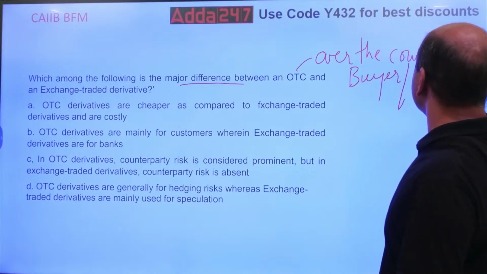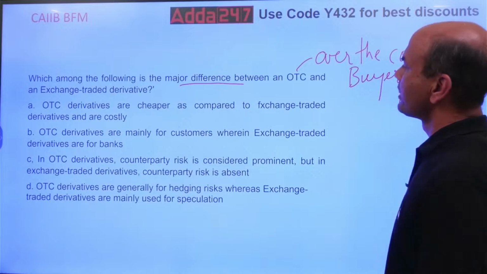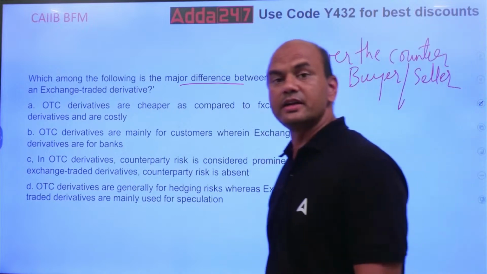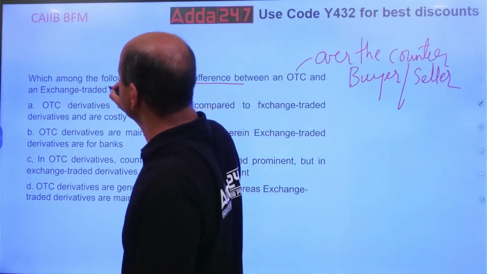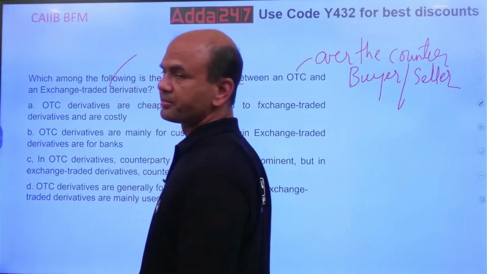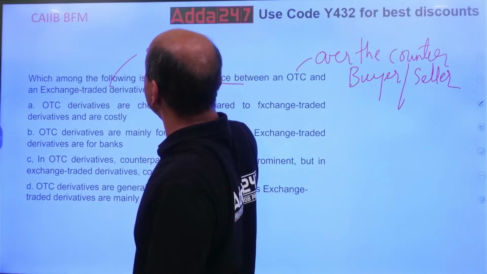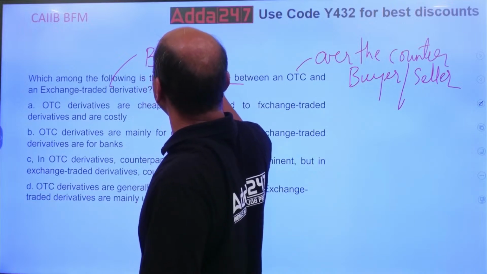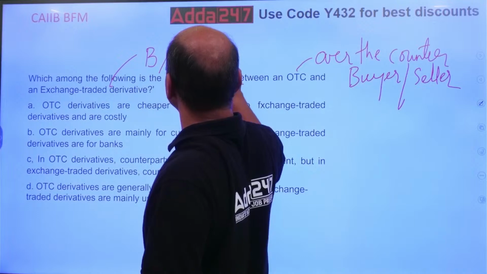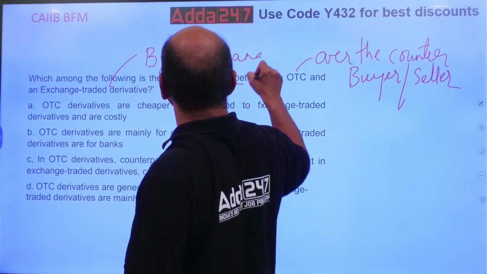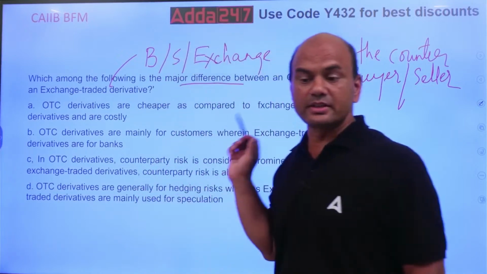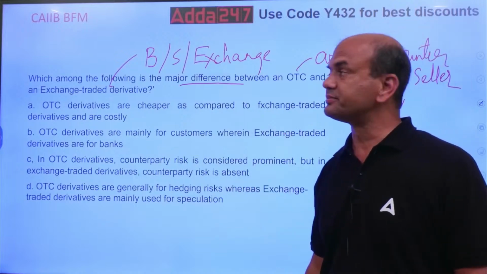Whereas in exchange traded derivatives, there are three parties: buyer, seller and exchange. So these are the three parties.